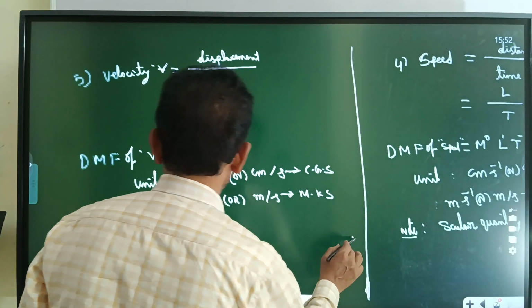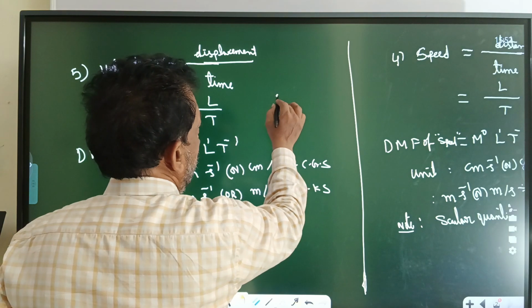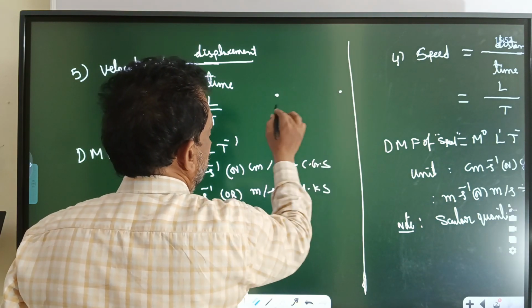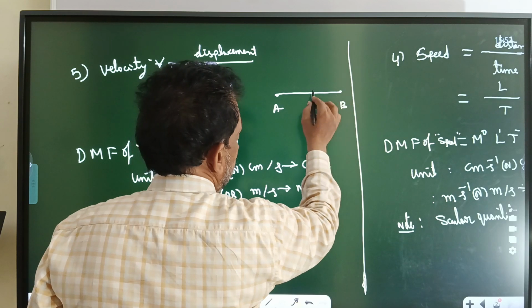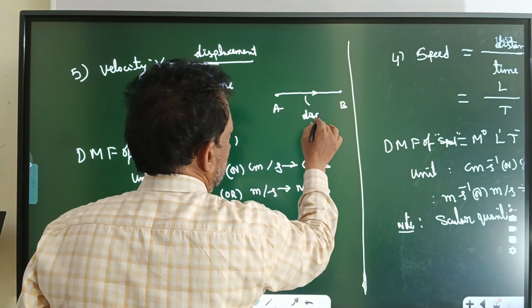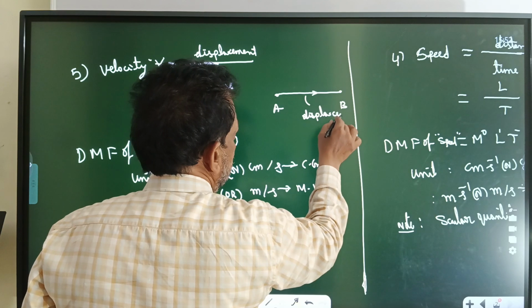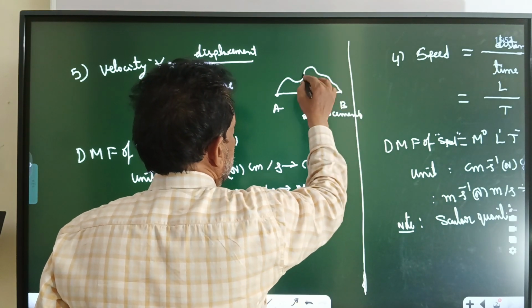Now I can draw a small diagram. You want to move from point A to point B. The straight path is called displacement, the shortest path. The longest path is called distance.